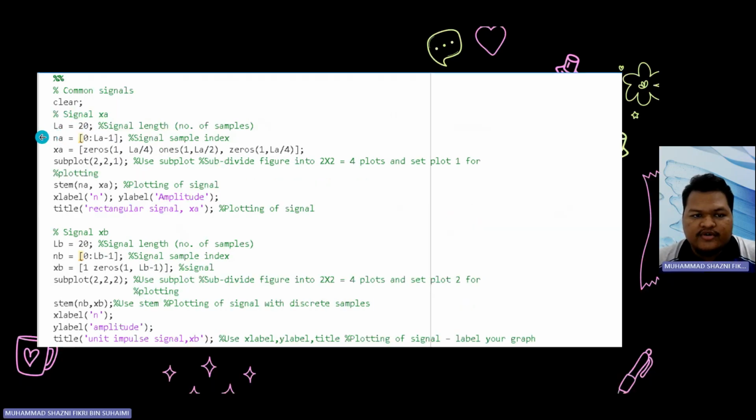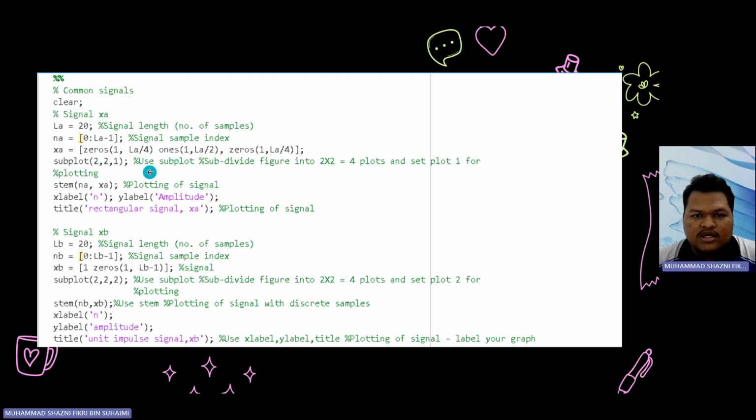The code block for the rectangular signal: LA is 20. This LA is the signal length. NA is the signal sample index. XA is defined for the rectangular signal, where both sides are 0 and the middle is 1.